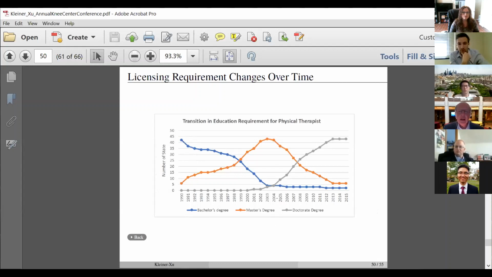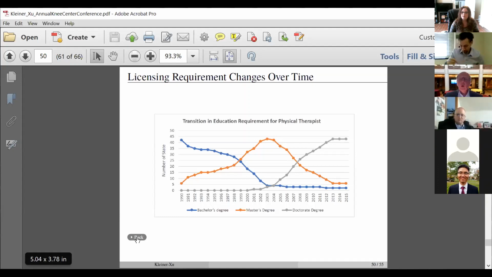Starting in about 2004, and now virtually all states, require physical therapists to be doctors of physical therapy. So there's been a rather dramatic change in both the extensive and intensive margins for occupational licensing. There's been growth in the number of occupations that are licensed, and in the requirements it takes to get into the occupation.